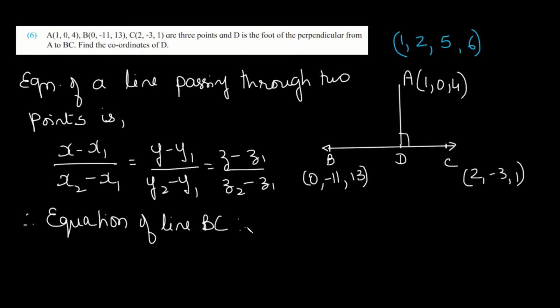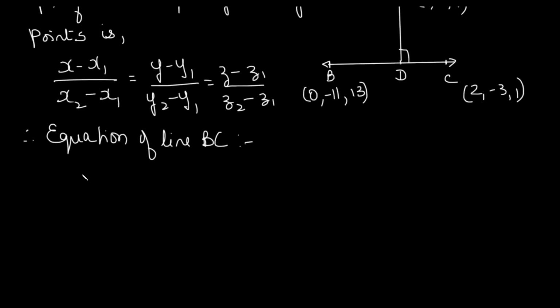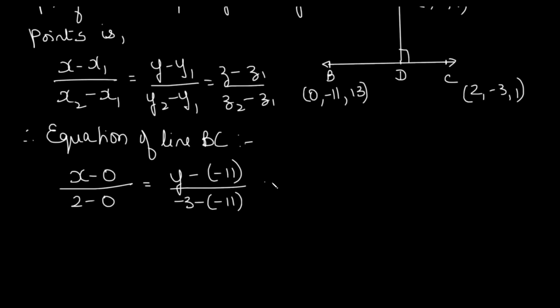The equation of line BC becomes this way, that is (x minus x1), x1 let us take it as 0. So (x minus 0) upon (x2 minus x1), 2 minus 0, which is equal to (y minus (minus 11)) from here upon (minus 3 minus (minus 11)), which is equal to (z minus 13) upon (1 minus 13), this way.